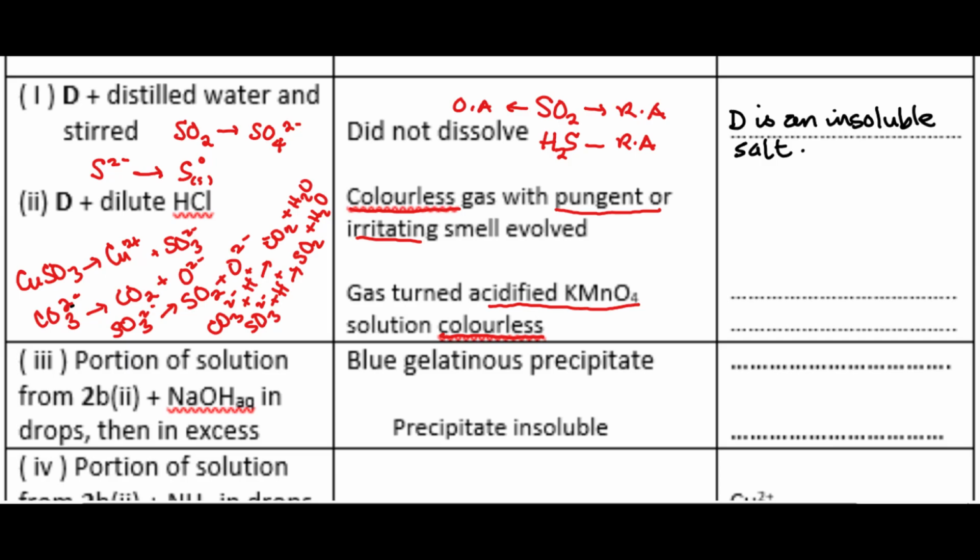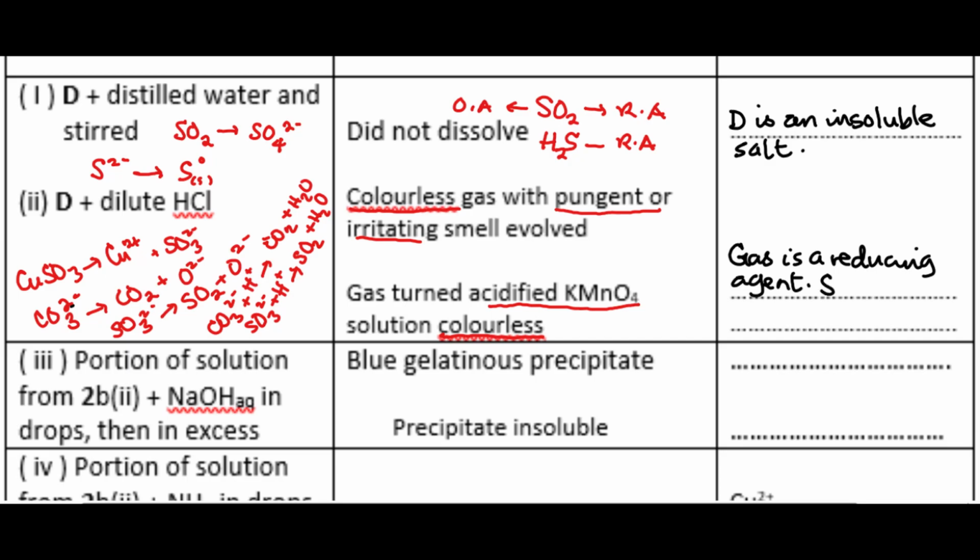Are we together? So now, what are they testing for here? The gas turned acidified KMnO4 solution colorless. So what does that mean? It means that the gas is a reducing agent, right? For it to decolorize acidified KMnO4 as a reducing agent, which gas can do that without yellow deposits?